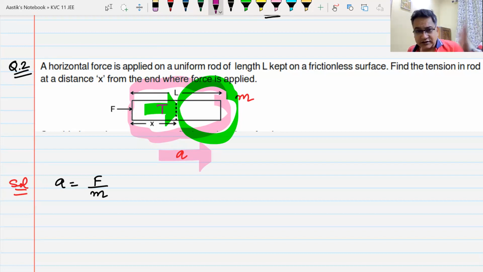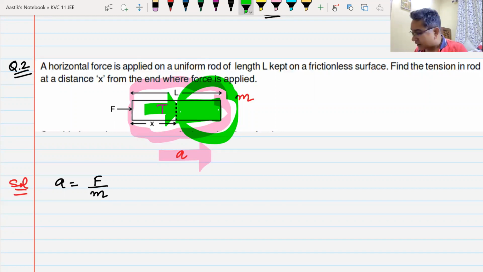Now this tension, this force is going to pull this part of the rod, and it is going to move forward. Now what is the equation for this green part of the rod? I hope you understand the green part of the rod. The green part of the rod is this rod.